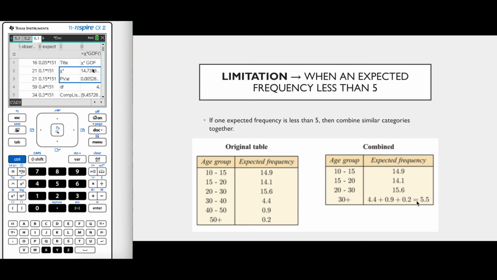So these are the 4 values that you would use as your expected. And if you had to combine your expected, you also need to combine your observed data together. So you would only have 4 numbers for observed and 4 numbers for expected. So this is an important limitation that we need to be aware of.